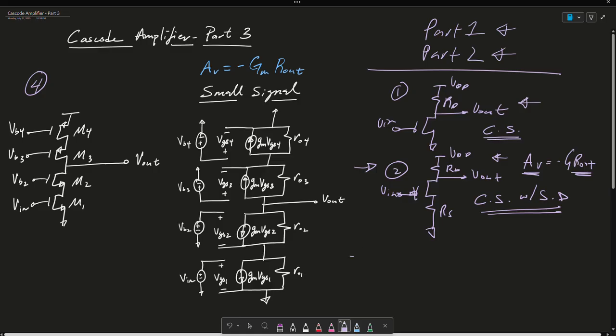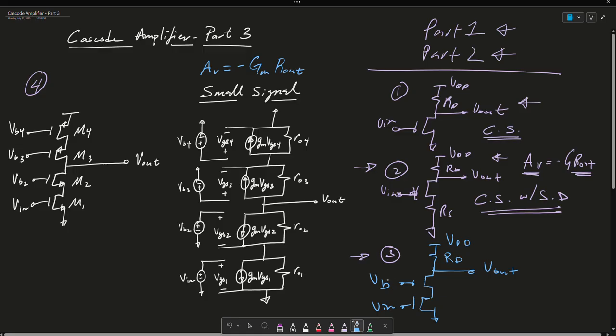The third progression that we want to consider is we want to eliminate this RS, and we want to create what's called a cascode system. So it's two transistors built on top of each other. This is R out or V out. This is RD. This is VDD. This is V in. And this is what we consider V bias.